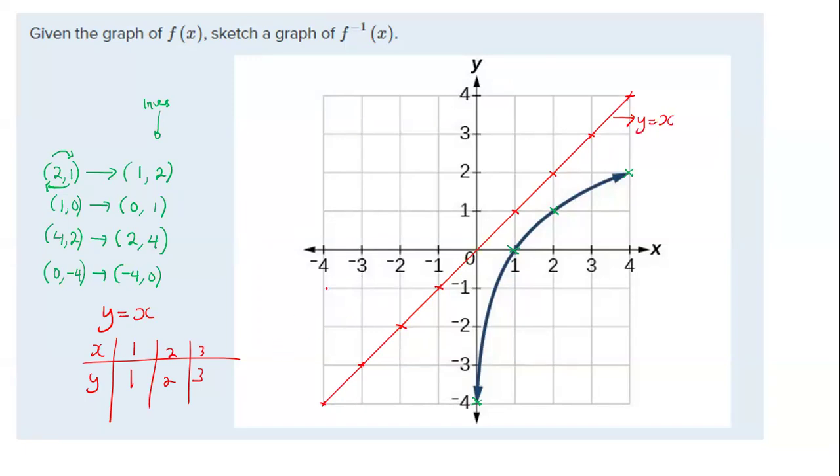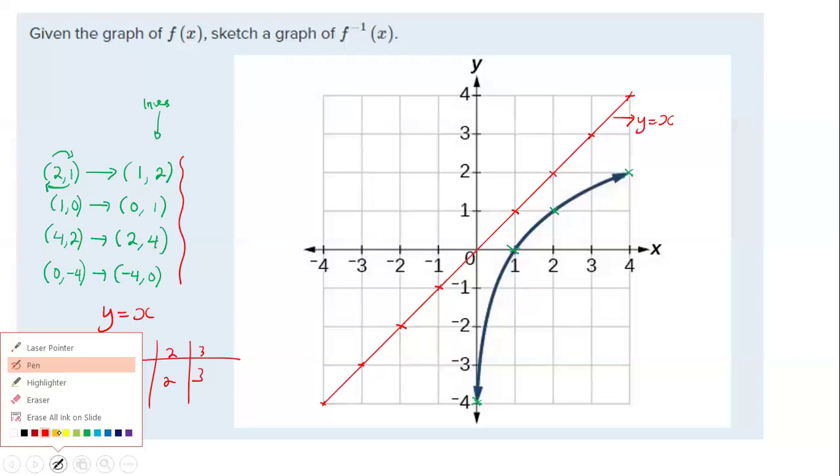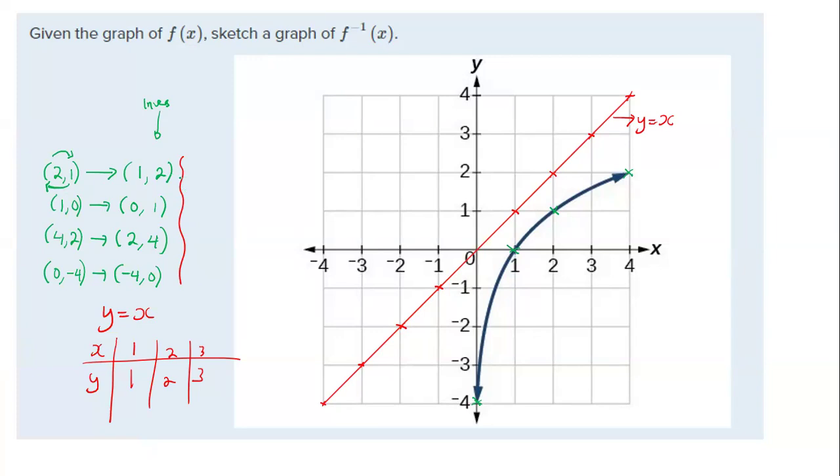Now, the next task is plotting the points you have obtained. So I start doing the plotting. The first one was 1, 2. 1, 2 is a point here. Then the next one is 0, 1. 0, 1 is a point here. Then the next one was 2 and 4. 2 and 4 is a point here. Then we had negative 4, 0.